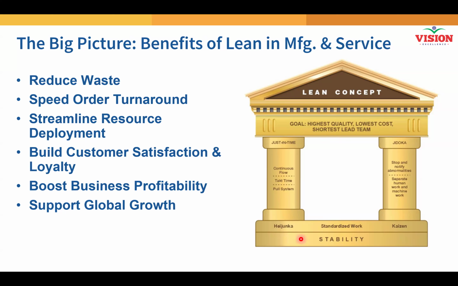Heijunka means equalizing the load, distributing the work equally, or leveling the work. So these are all foundational requirements. If you see any problems with respect to these, that should be the first project. And 5S actually helps in all of these things.